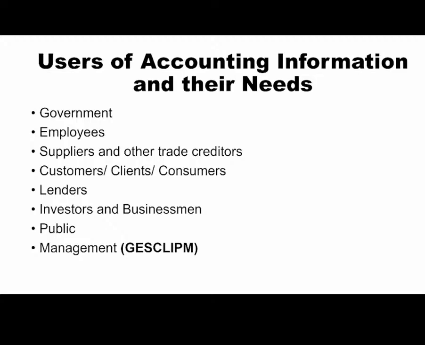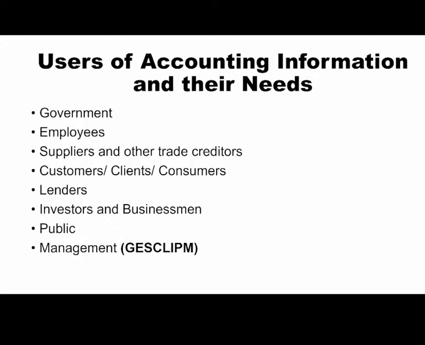They also have to have the information in order to determine the continuity of the business. Then you have the lenders. It's a similar need as suppliers. They are interested in accounting information to enable them to determine the ability of the client to pay their obligations and the interest attached when the loans become due.